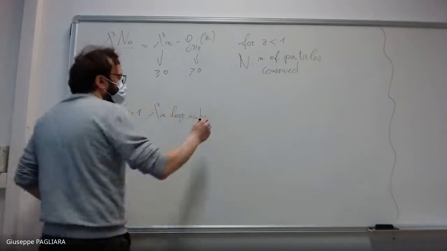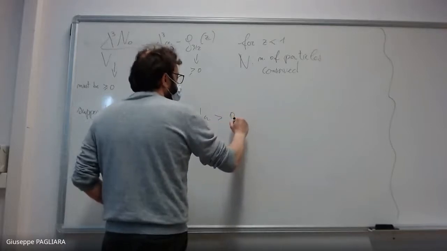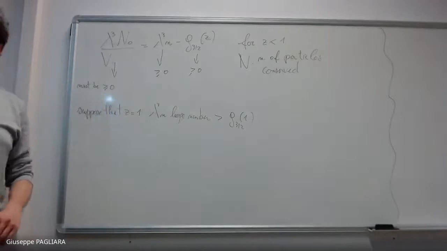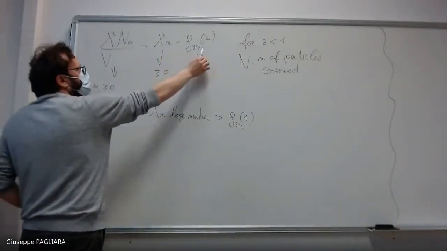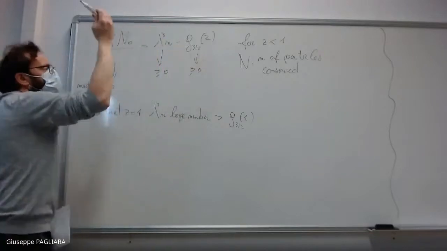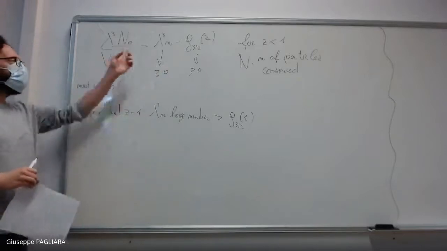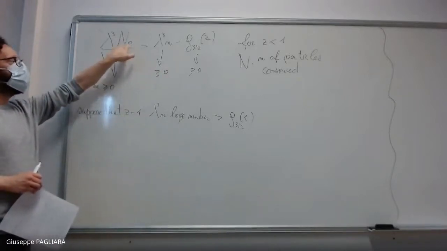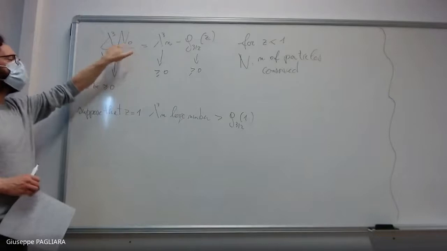How large? Well, strictly larger than g_{3/2}(1), which is a fixed number, 2.6. So in this case, if this number is larger than this, maybe twice this number, the only way in which I can satisfy this equation is to have a finite occupation of the ground state, a finite number of particles in the ground state.